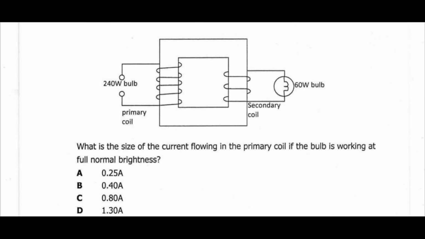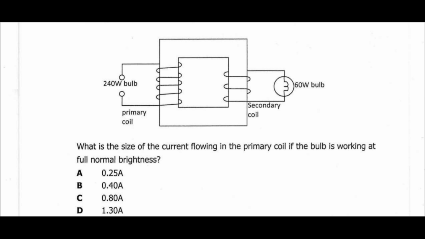So what is the size of current flowing in the primary coil if the bulb is working at full normal brightness? So the input is 240, the output is 60. So we want to find the current in the primary coil. For this question, current in the primary coil must be less than in the secondary coil.